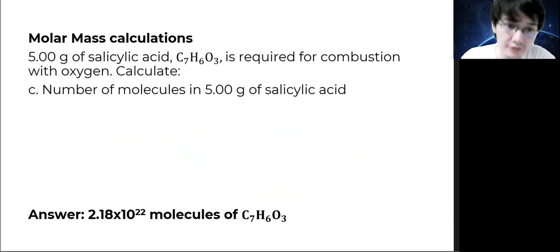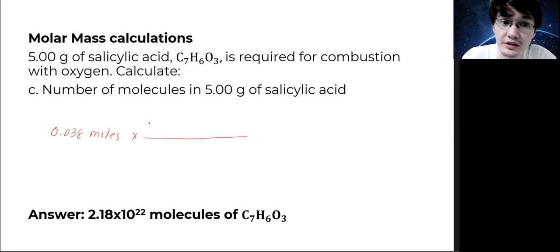Then lastly, we are asked to calculate the molecules of 5 grams of salicylic acid. So earlier, we had 0.038 moles. We make use of that. We multiply it to the Avogadro's number since it determines the number of molecules in a substance.